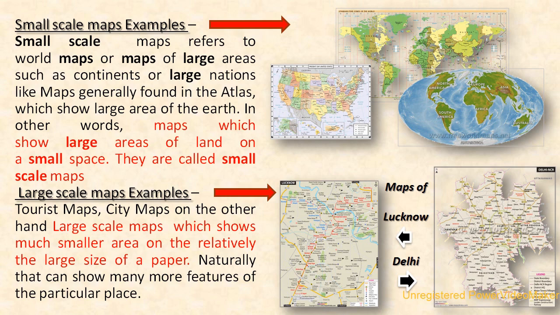Maps which show a much smaller area on a relatively large size of paper are called large scale maps. I think all of you are clear about this topic.